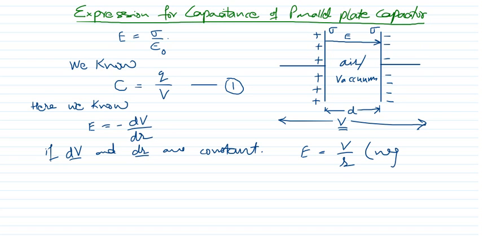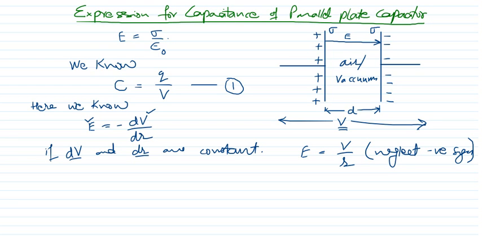We will neglect here the negative sign, because negative sign gives us the information of the direction of E and dV change. So if we neglect the negative sign, then E is equal to V upon r.